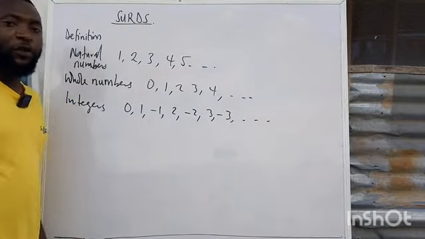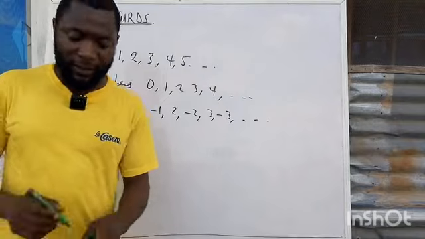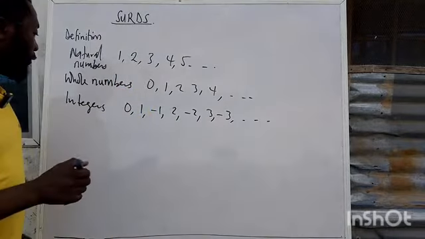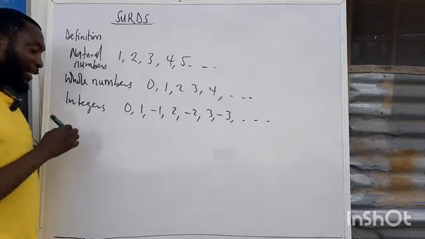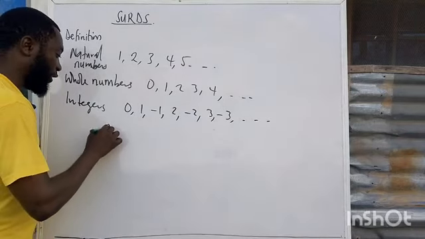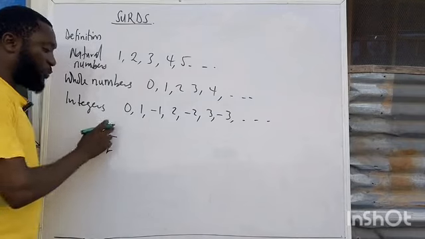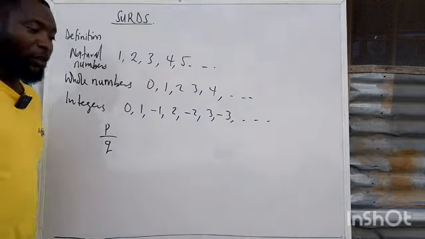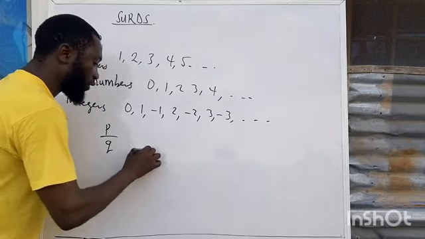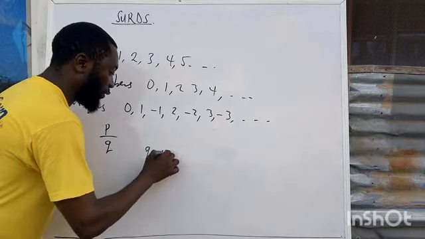Then after integers, we also have what we call rational numbers. Rational numbers are a set of numbers that can be expressed in the form p over q, where p and q are integers, but q is not equal to 0.